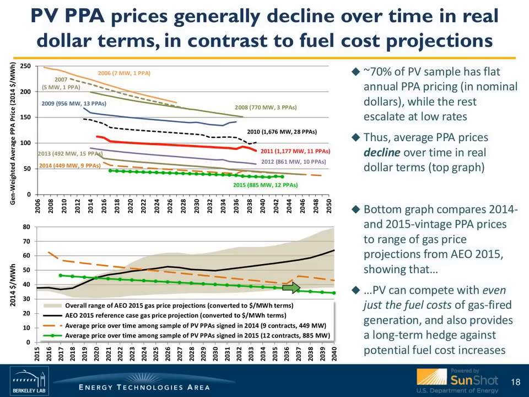Moreover, the fact that these PPA prices have been contractually locked in, whereas the gas price projections are obviously rather uncertain, and that uncertainty increases over time. These two things together mean that PV can also provide a bit of a long-term hedge against possibly rising fuel costs in the future.